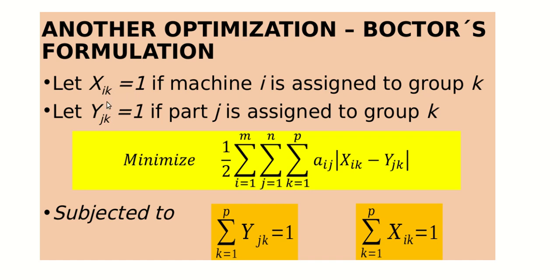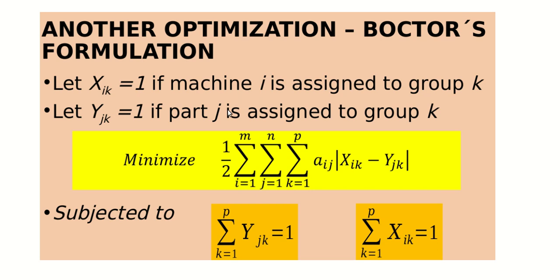Something similar for the y variable. If you apply this formulation for a 6 times A matrix, how many y variables will I have? Well, if I have 2 groups, I will have A times 2. If I have 3 groups, A times 3.